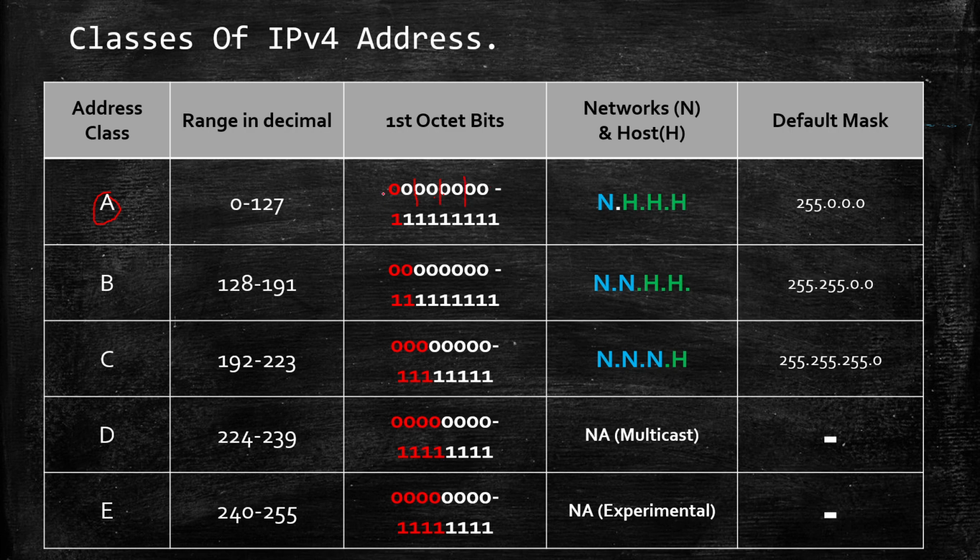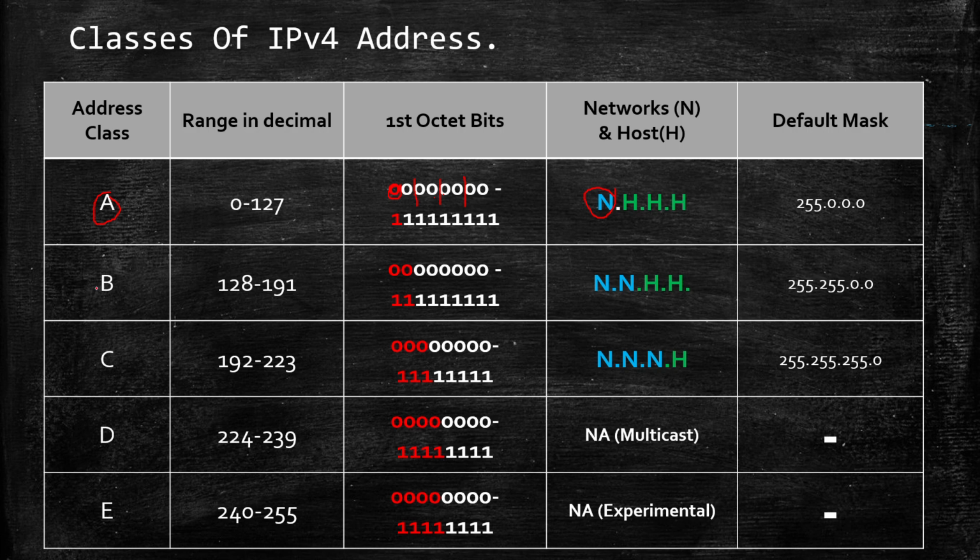In class A, only the first byte can be changed, the other three we can't change. The first octet denotes the network, and the other three are the host. This is the default mask.